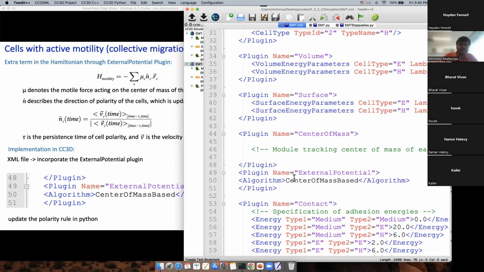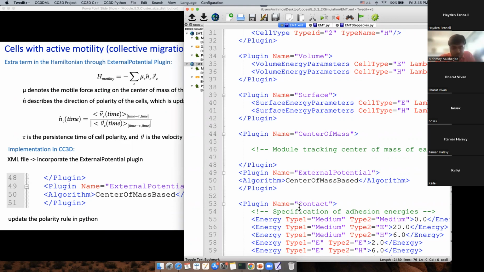If you just add this, you will see that there are two kinds of algorithm, pixel based and center of mass based. Change it to center of mass based. Initially, you will find it is pixel based. The only difference is that it is acting on the pixels, whereas here it is acting on the center of mass of the cell.